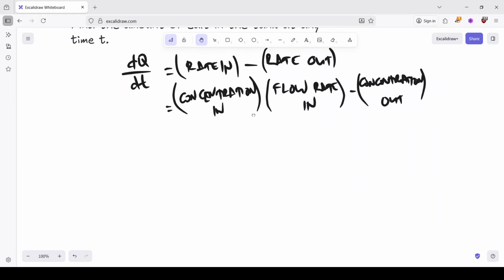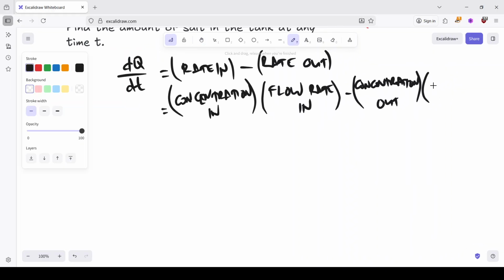So this will be our basic principle for brine solution.